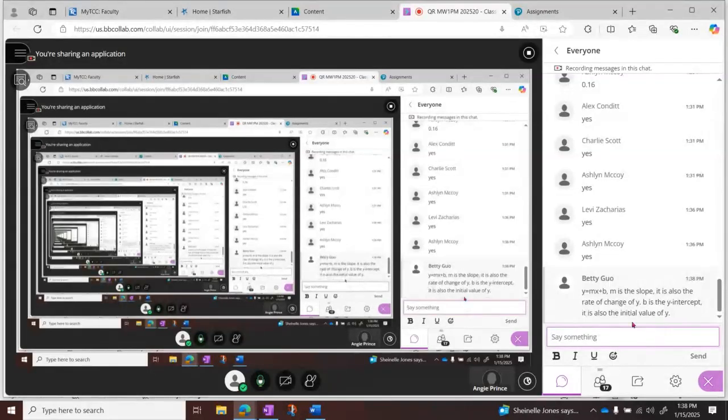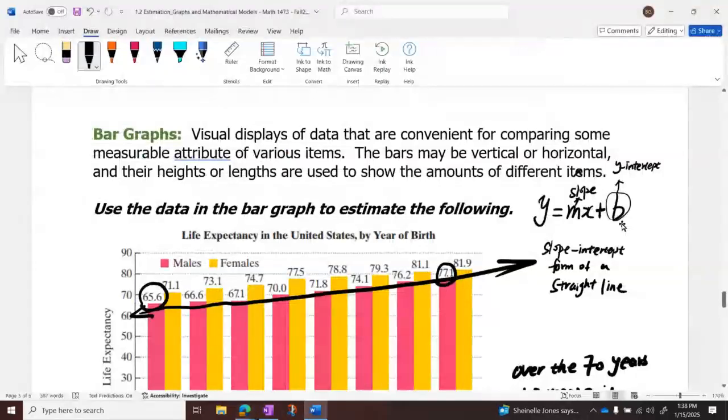Y here in our example is the life expectancy. X here is the number of years. So let's say this equation y equals mx plus b corresponds to this black straight line. And we need to find the equation, right? In order to find the equation, we need to know the values for m and b. Now, how do we find the values for m and b?